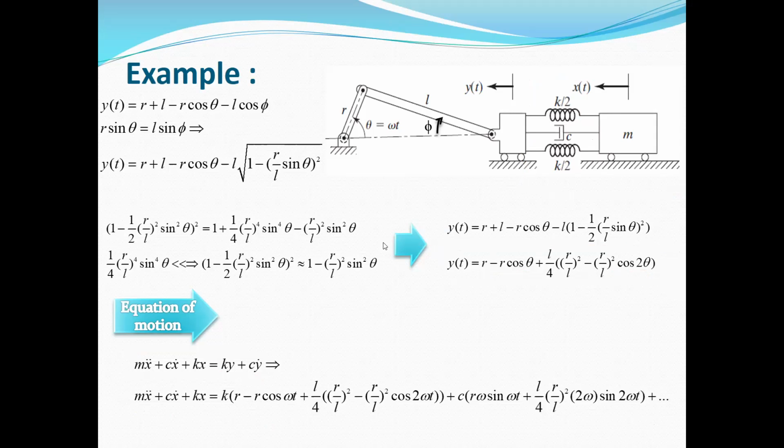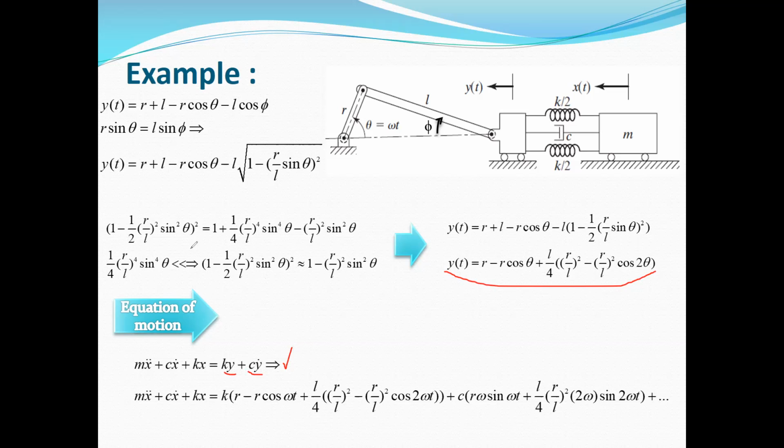Of course, in the exam, if I give you any question like this, you are not supposed to extract this relation for theta and phi and yt. Definitely, I will give you the form of yt. For example, I will give you this information, the final form for yt, and then you are supposed to substitute into the equation of motion, extract the equation of motion, then substitute into the equation for y and y dot, extract the final form of the equation of motion and solve it.